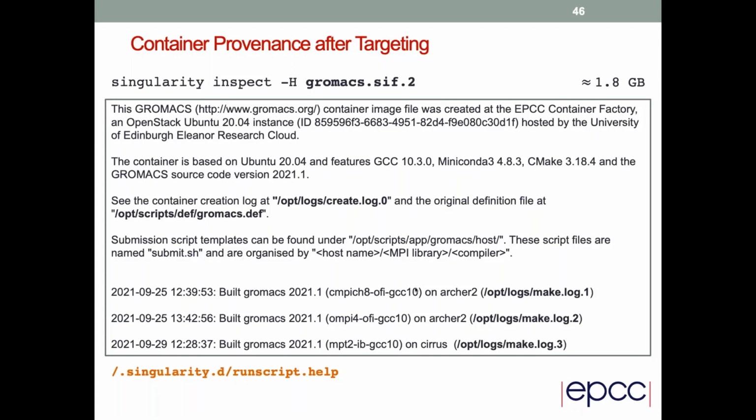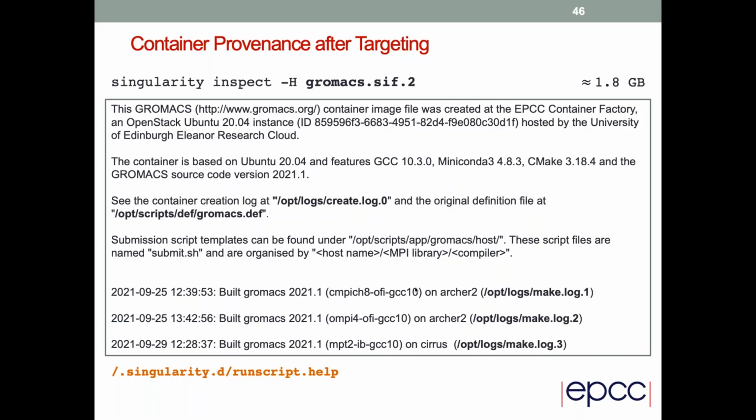And the third one is for Cirrus using the HPE MPT library. Each of these builds produces a log file, which is within the container, and you can then consult that by just running a Singularity exec cat command.